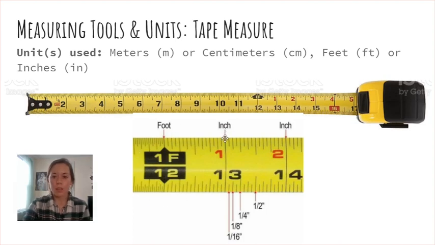And you can see what the inches are, as well as how it labels these small little tick lines that we've been talking about this entire lesson. You can see that this one is 1/16, 1/8, 1/4. This is half, a halfway point between 13 and 14. So here's a sneak peek of what we're going to talk about soon and what these tick marks mean. All right, we're almost there.